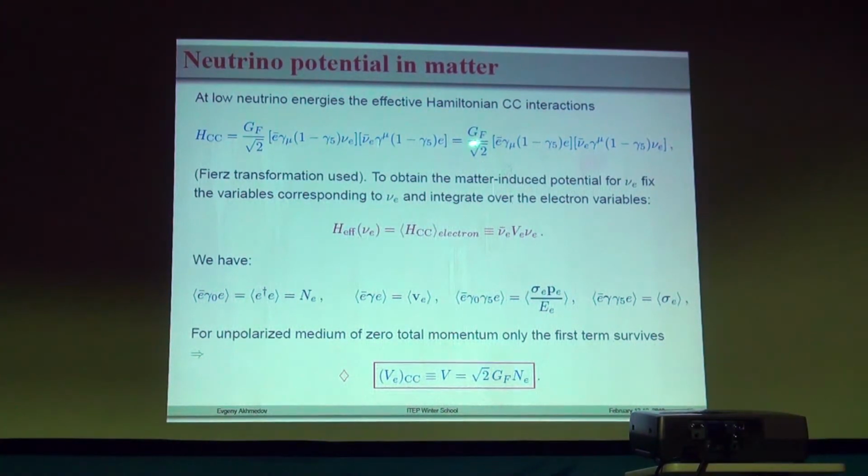And then we get an extra factor of 2 here, because when we act by 1 minus gamma 5 on the left-handed neutrino, we just get twice this left-handed neutrino field. Therefore, instead of G Fermi divided by square root 2, we get G Fermi multiplied by square root 2, and then it's multiplied by the electron number density. That's the simplest way to obtain this potential for neutrinos in matter.